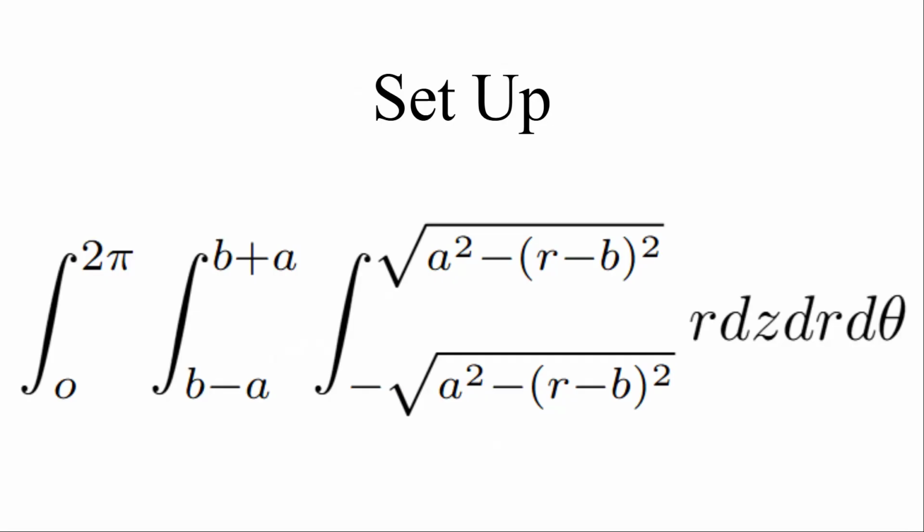That would be taking polar coordinates and then adding the axis. The polar coordinate, 0 to 2 pi, and b minus a to b plus a is just describing basically the creation of a washer in the flat plane.